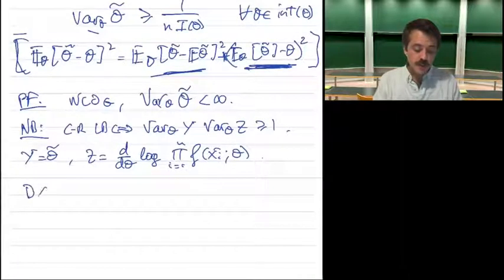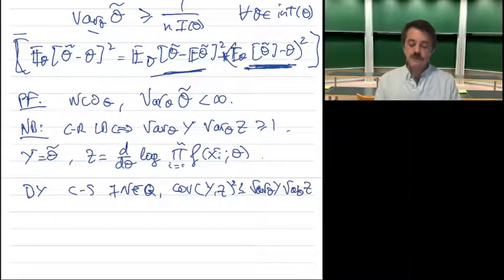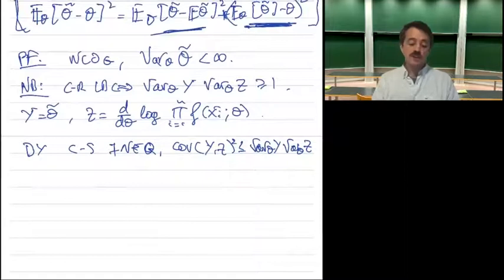So by the Cauchy-Schwarz inequality, the covariance between y and z, squared, is less or equal than the variance of y times the variance of z. So now what we need to work on is just the left-hand side.